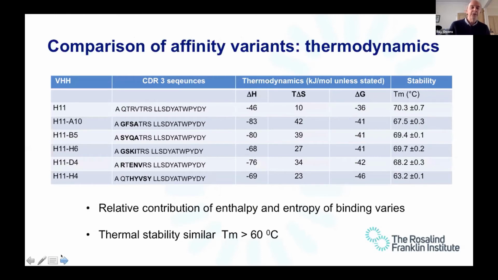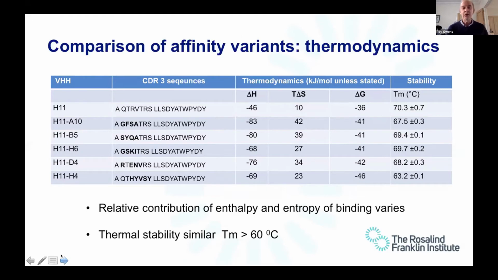Given that we've had this affinity maturation series, we've developed a side project really to understand a little bit, if we can, how affinity maturation by mutagenesis has driven the affinity improvements that we've seen between the H11 parent and the series that I've been talking about, all the way down to H11-H4. And some very elegant work has been done using ITC to investigate the thermodynamics of this interaction.